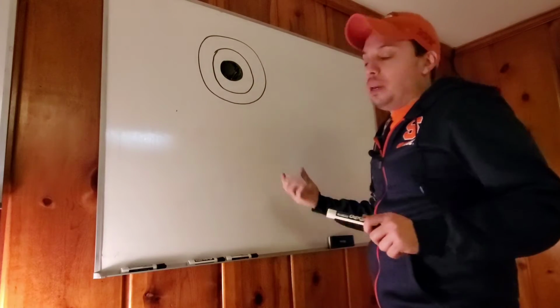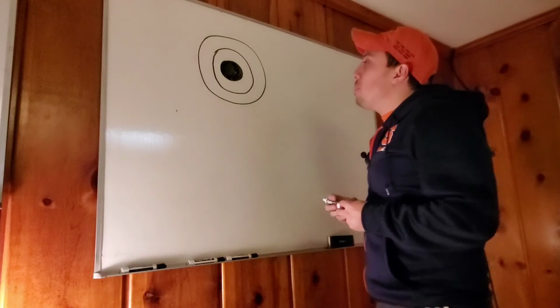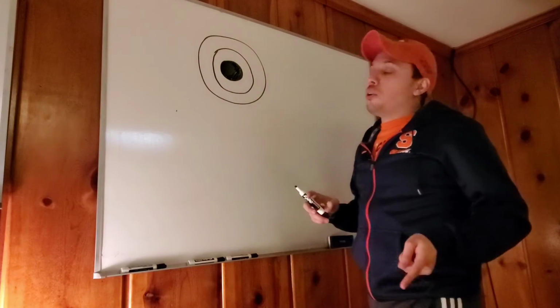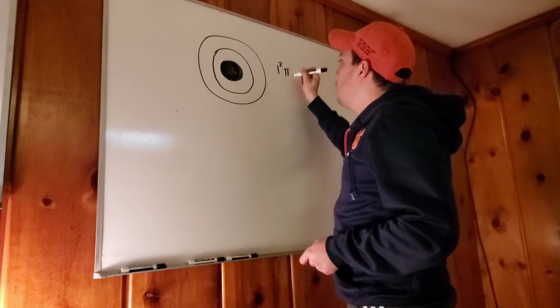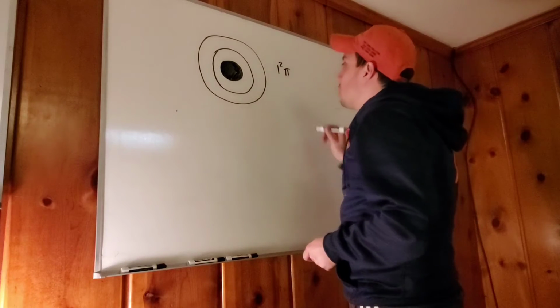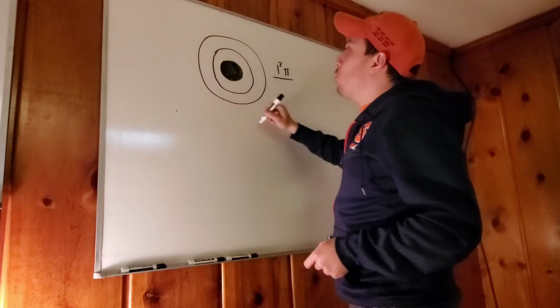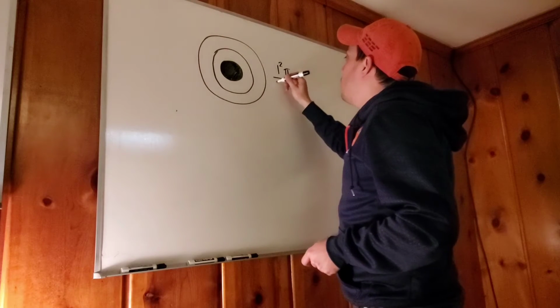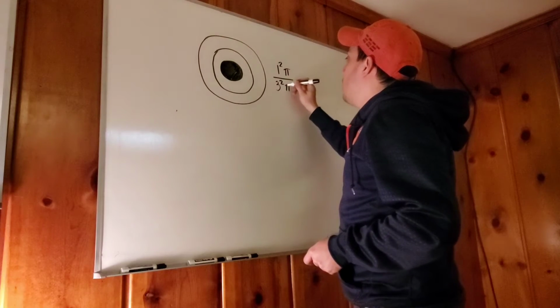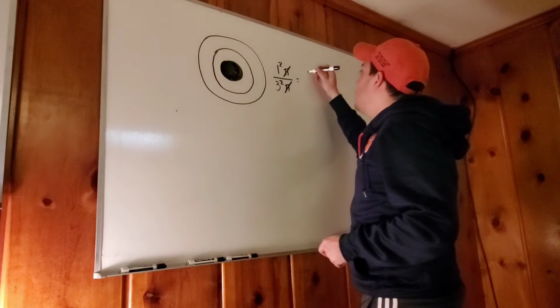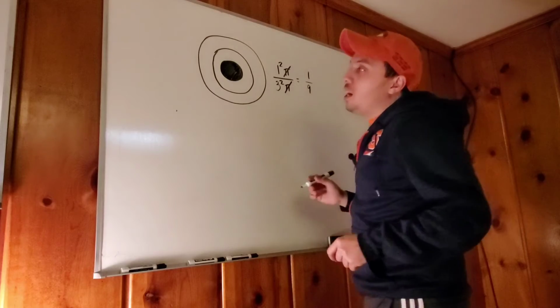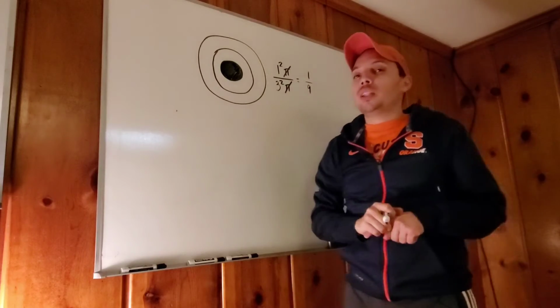Wow, look, it makes perfect sense. And so if we find the area, it's going to be 1 squared pi for the bullseye over the overall target, which is 3 squared pi. Well, the pi's are going to cancel out. Oh, that's beautiful. And so it'd be 1/9. 1/9 probability that you're going to hit the bullseye.